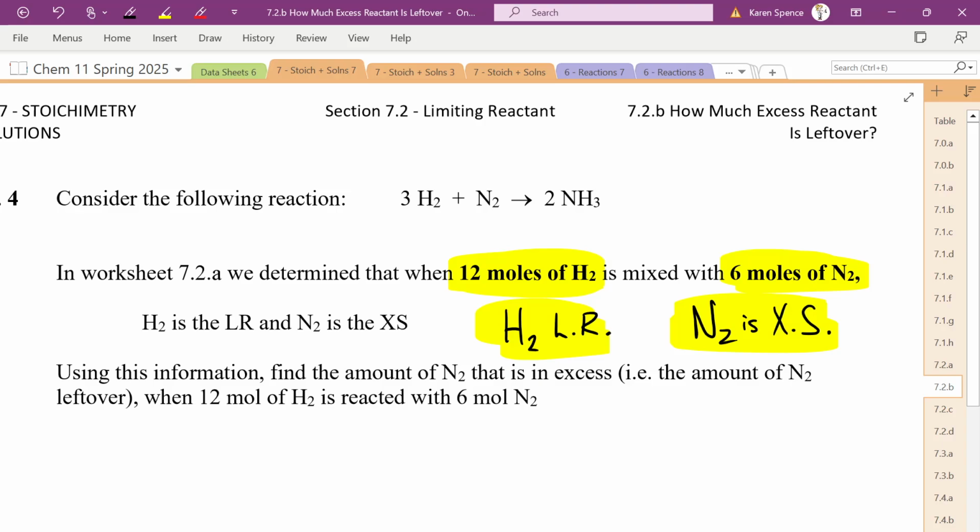And when it says find the amount of N2 that is in excess, that means how much is left over. Okay, so that wording, in excess, means how much is left over.